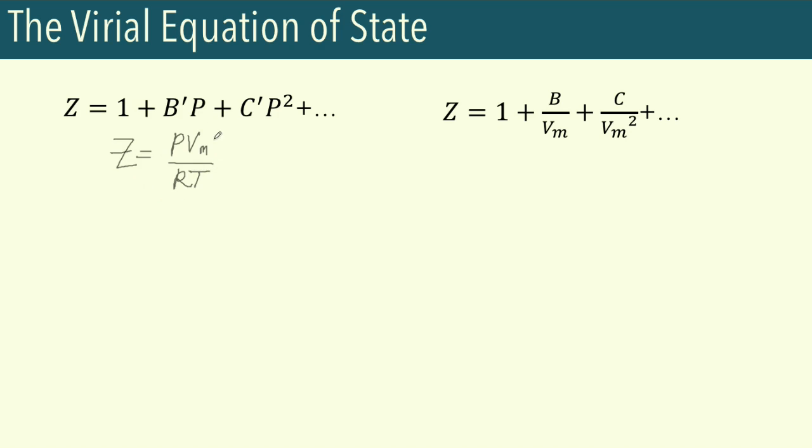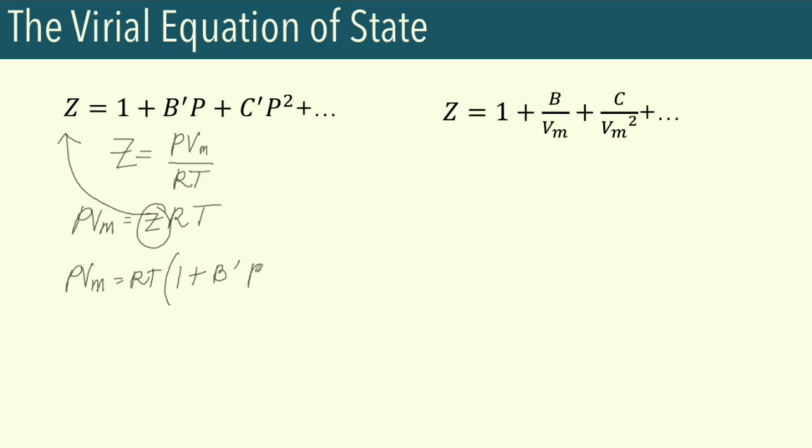If we rewrite this, we have PVm is equal to ZRT. Let's replace Z with the expanded expression over here. PVm is equal to RT times 1 plus B prime P plus C prime P squared onwards.